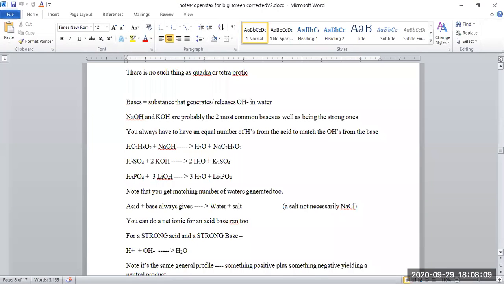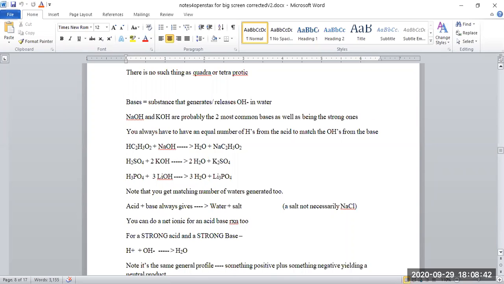Again, we're kind of looking at patterning as a way to help you with predictability. Things that you can sort of know that you should be getting as your products. Acid and base gives you salt and water. Now, granted, it's not the same salt. I have various salts shown here, but I'm getting a salt to go with my waters.